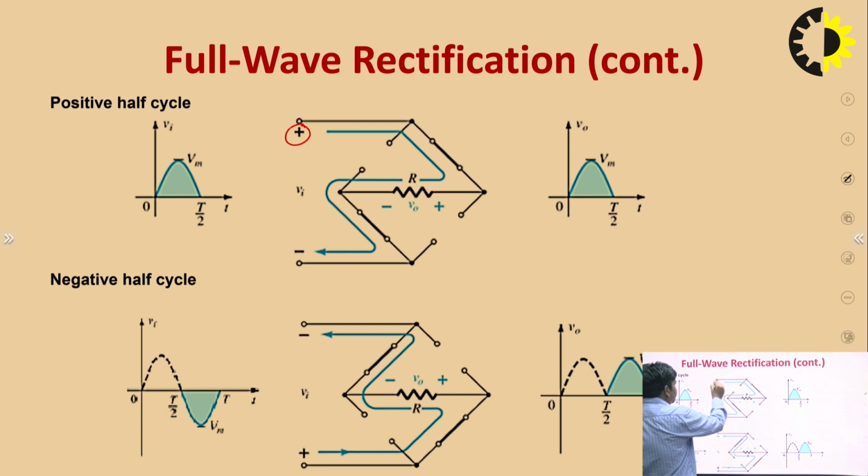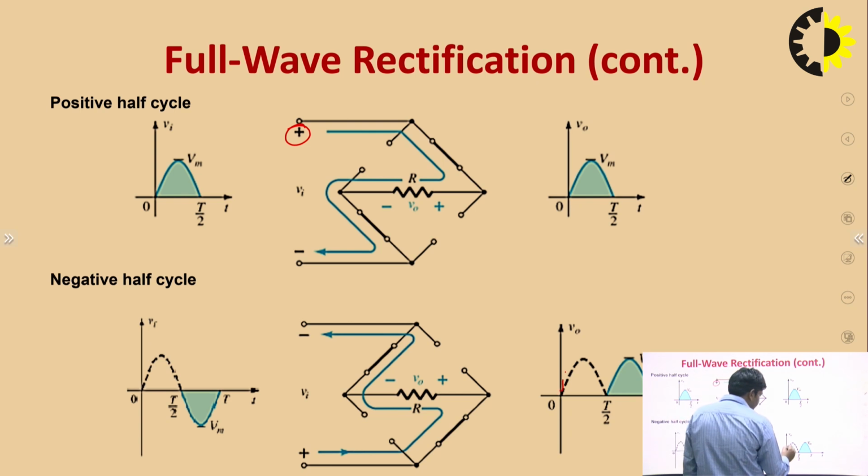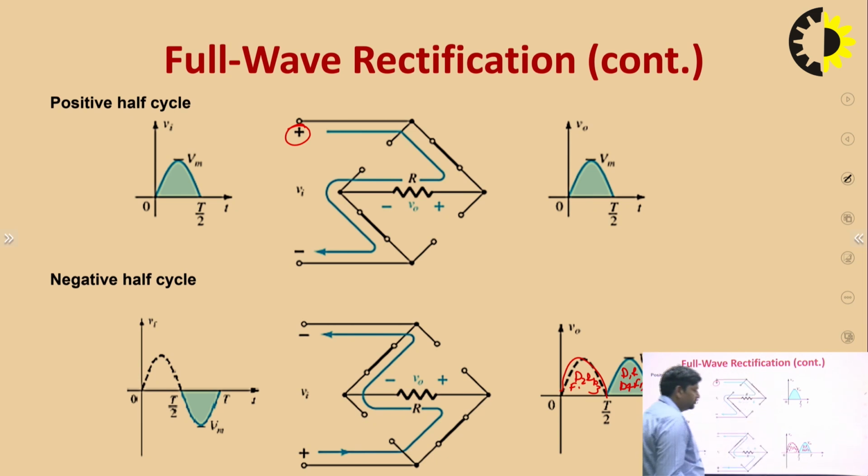When this terminal is plus, the current flows here, but in this case the current flows here. So, the whole rectified output flows. That means in one half cycle D2 and D3 are forward biased, in the other D1 and D4 are forward biased. So, a full wave rectified output is produced in the bridge rectifier circuit.